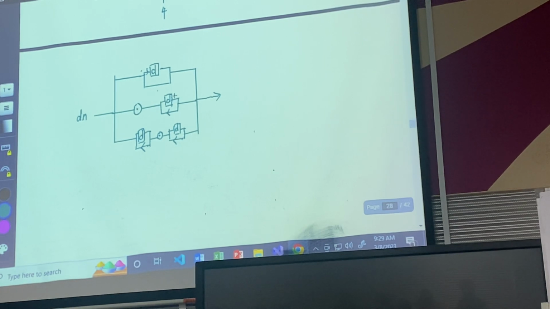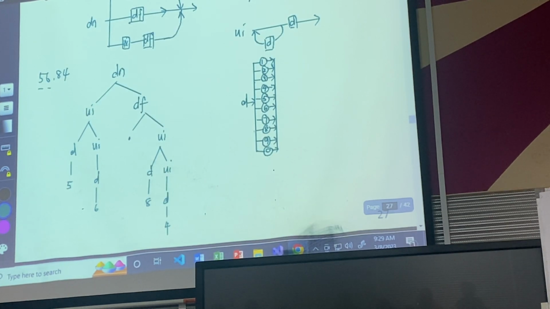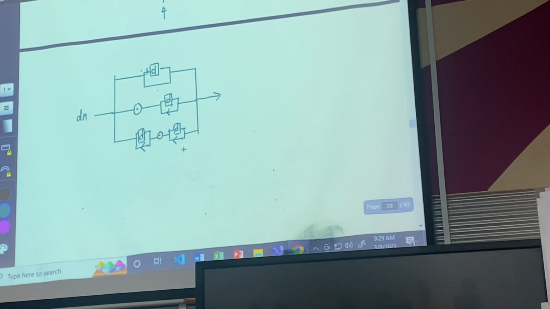So the decimal fraction already substituted with the digit unsigned integer. And the last one is this one, unsigned integer again with decimal fraction. So unsigned integer itself is substituted with this digit unsigned integer, and decimal fraction is substituted with decimal point with unsigned integer again. So at the back you still have another digit unsigned integer, which is this.